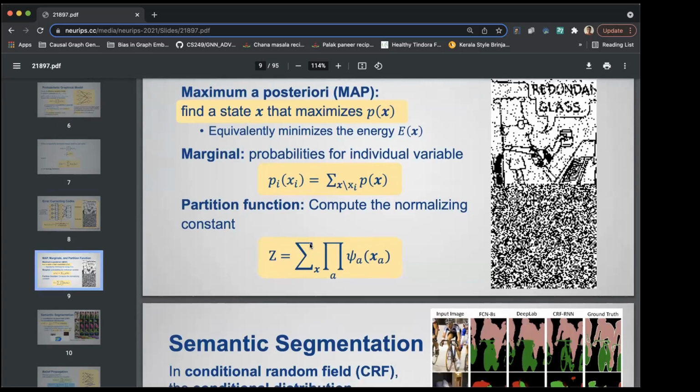And we also have a partition function. This is where we take the sum of this joint probability distribution over all the possible instantiations of the values that the random variables can take on, and then divide so that we can ensure that this joint probability distribution is indeed a valid distribution and sums up to 1.